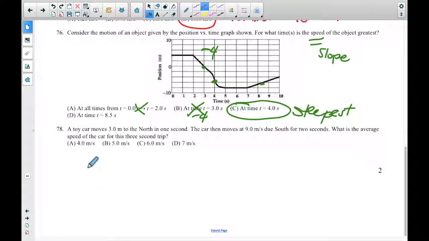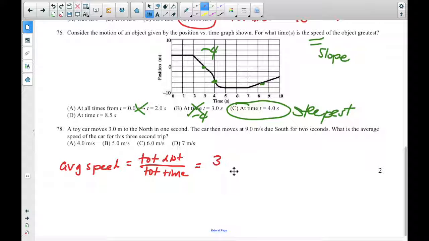Once again, average speed is equal to total distance over total time. In the first second, it moves 3 meters in 1 second. Then it moves at 9 meters per second for 2 seconds.